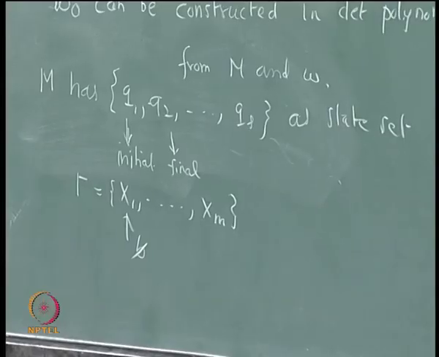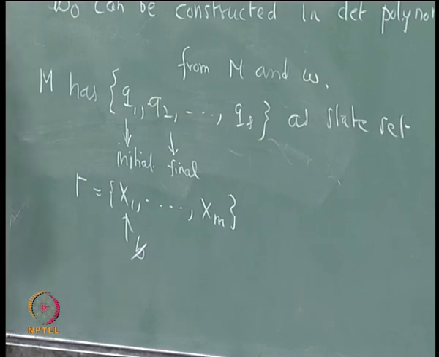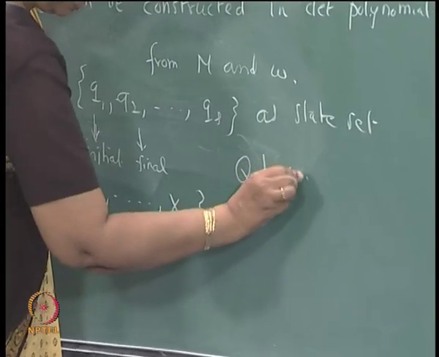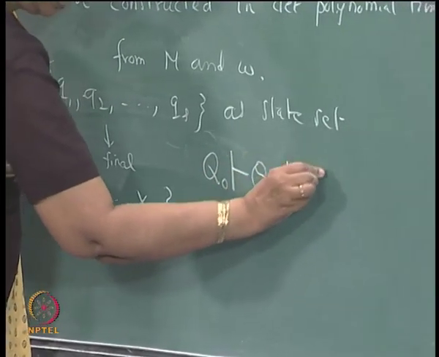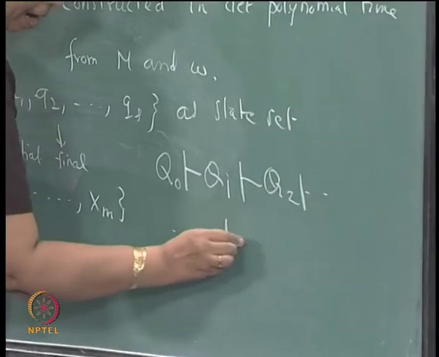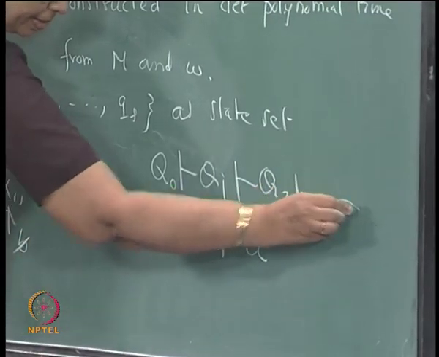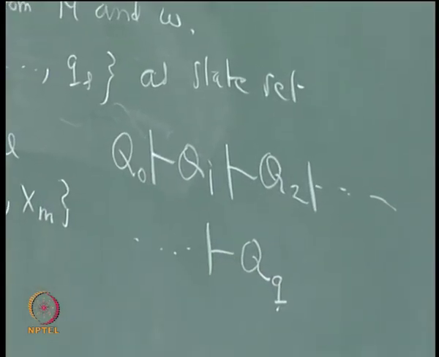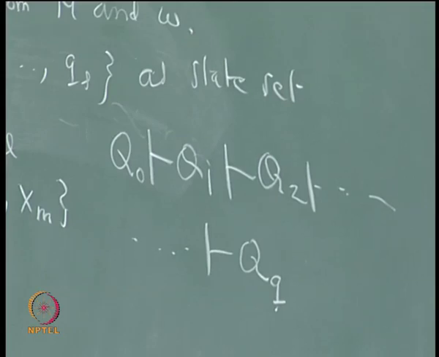Okay. So, the initial ID of the Turing machine is say some q naught, then the next ID will be q1, next ID will be q2 and so on. After some steps at qq it will accept or reject, right.